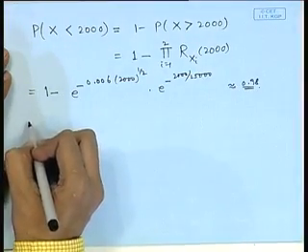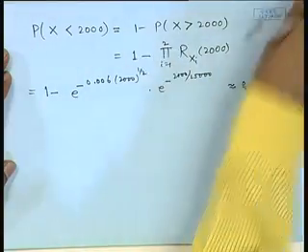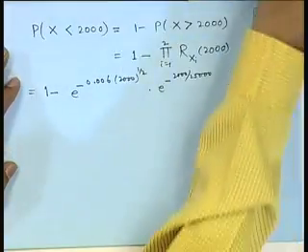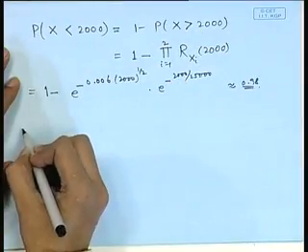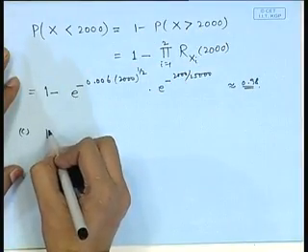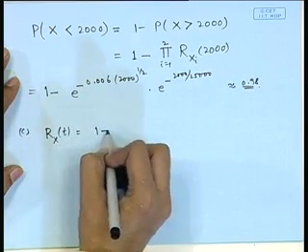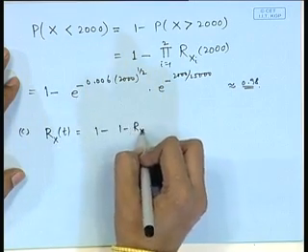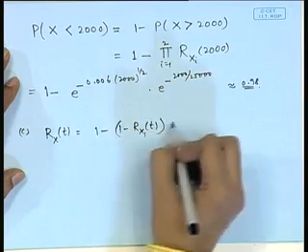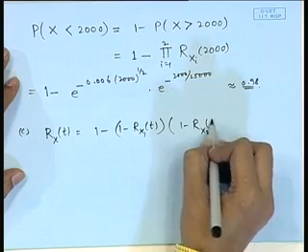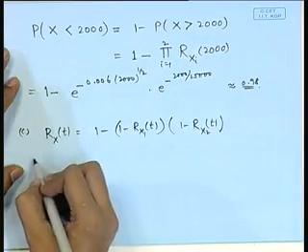In the third part, if the two components are connected in parallel, what is the reliability? Now, if the components are connected in parallel, then we have seen that the reliability of the system is given by 1 minus the reliability of x1 into 1 minus the reliability of x2.